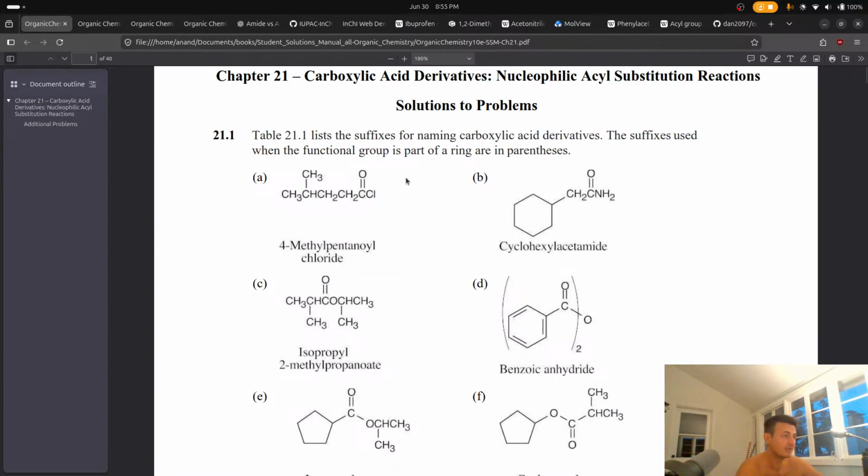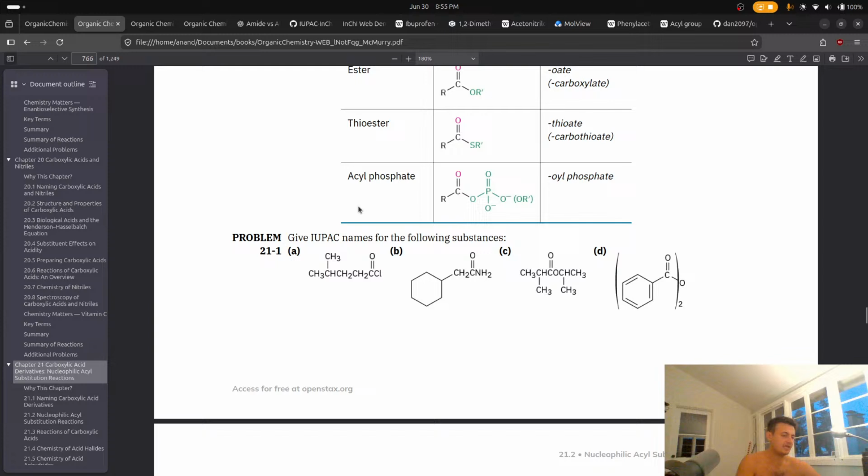So wait, 4-methyl pentanoyl chloride. So I was right on that. Cyclohexyl. You probably had it, right?